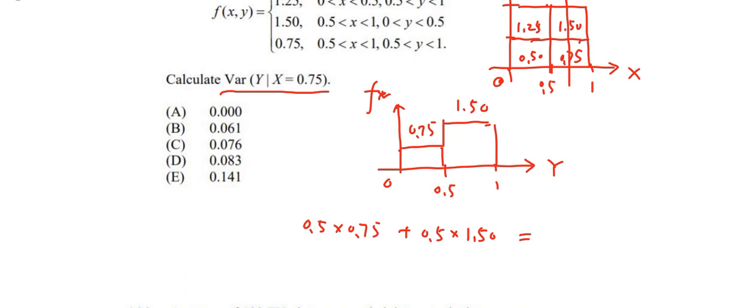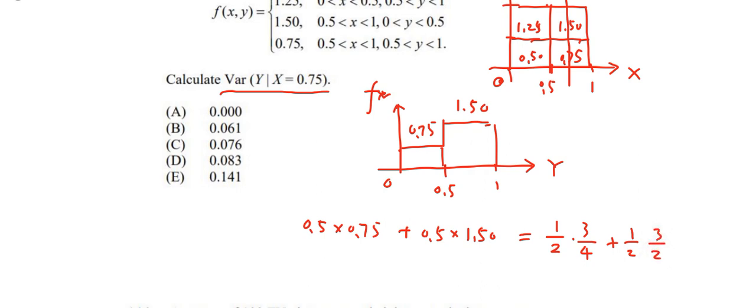So let's use fractions. 0.5 is one half, and 0.75 is 3 over 4. And half of 1.5 is 3 over 2.